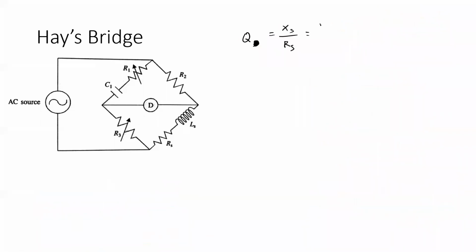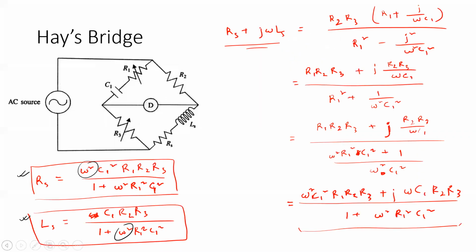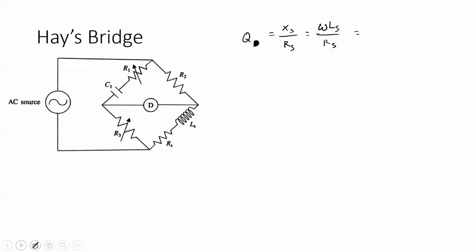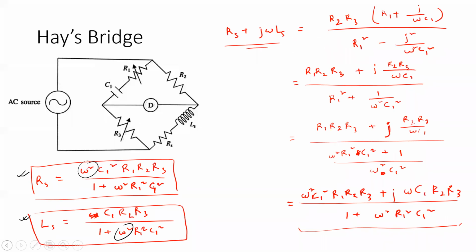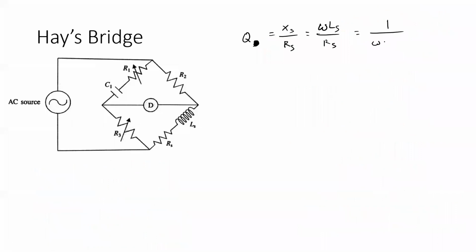So if we use these two expressions, we can define the quality factor to be one divided by omega R1 C1.